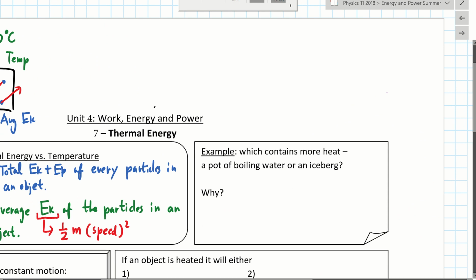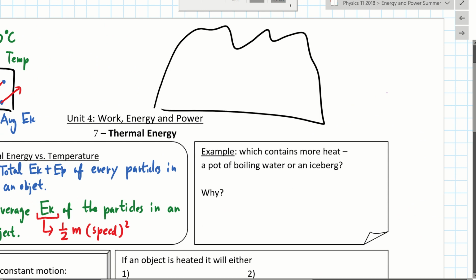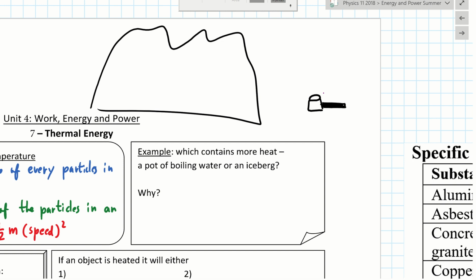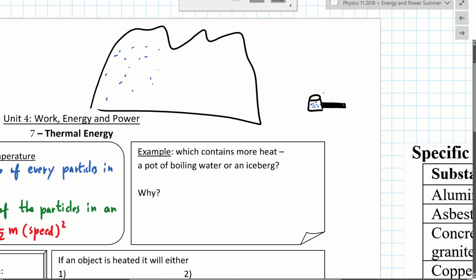Now, let's say this really, really big iceberg versus a pot of hot water. So I do not know how to draw a pot of hot water, but that's what it is. Now, a pot of hot water has water molecules inside, but an iceberg, well, ice also has water molecules, I mean, water molecules in terms of ice.